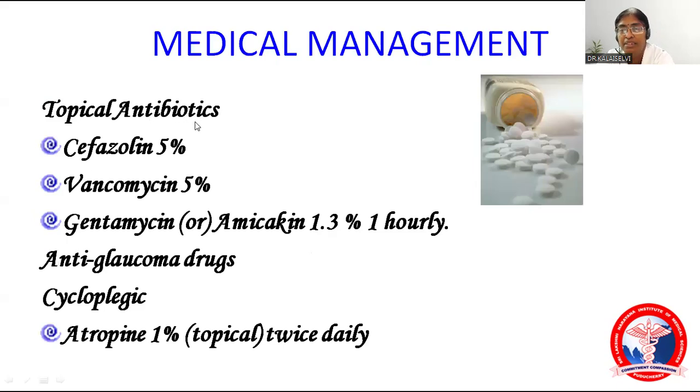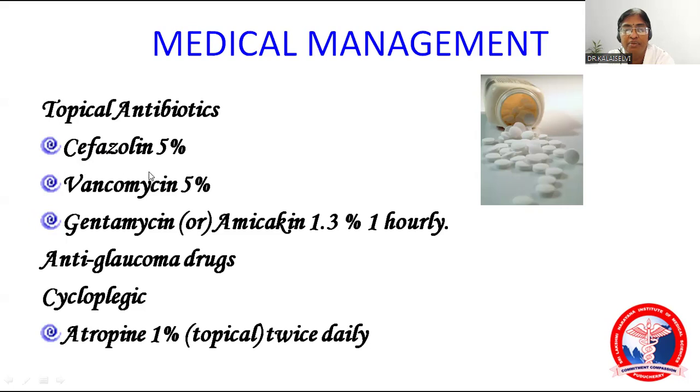So for bacterial endophthalmitis, topical antibiotics are given along with systemic ones. All the routes of antibiotic have to be considered, combined. Topical, systemic and intraocular together is the best way to manage endophthalmitis.